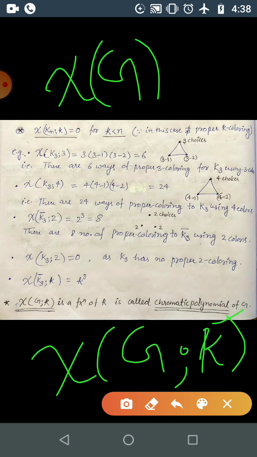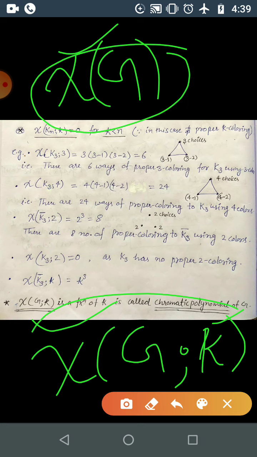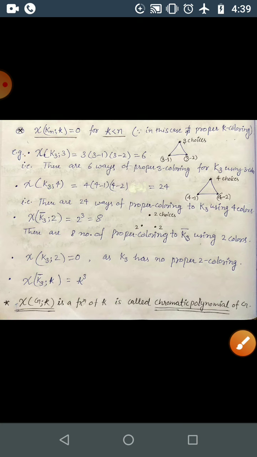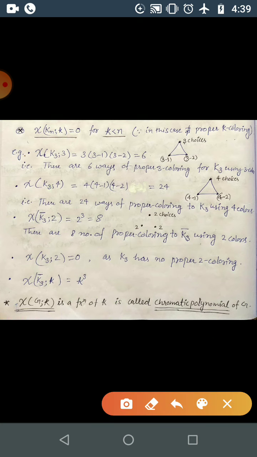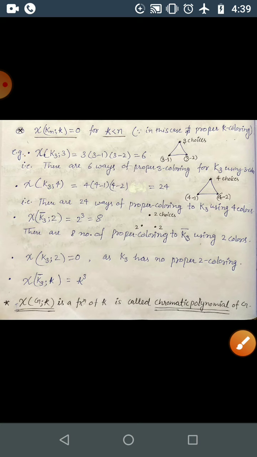This is the chromatic polynomial of G, and this is the chromatic number, which is the minimum proper k-coloring. Don't get confused between these two notations. It is a function of k, since k is a variable, so this is the chromatic polynomial of G in k.